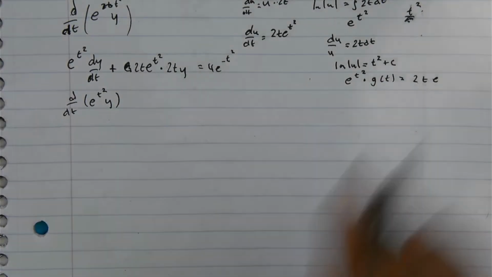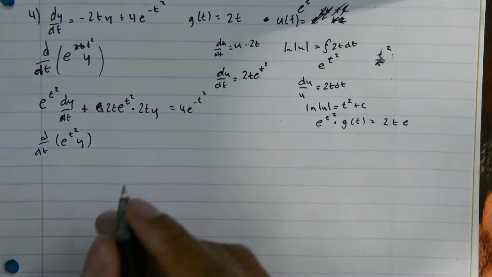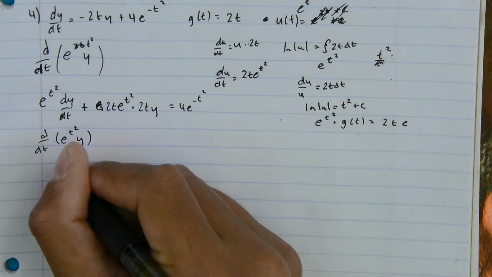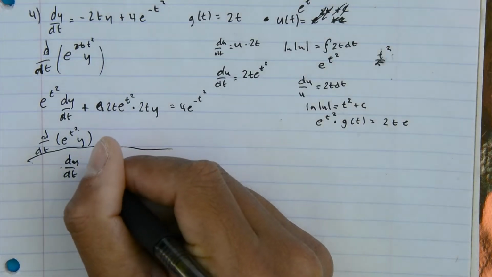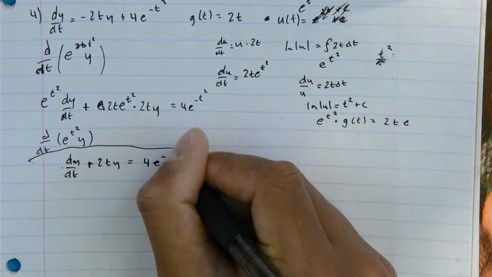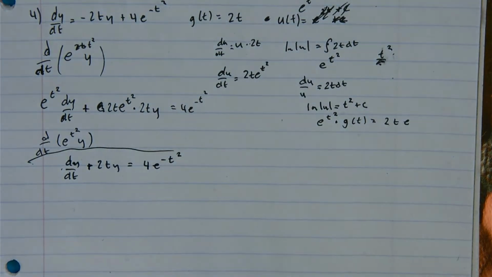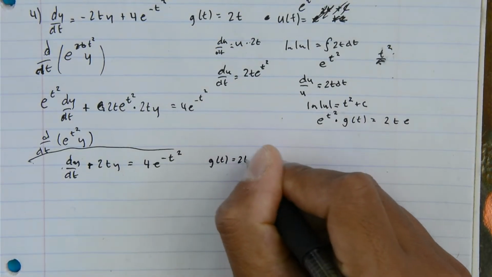Let me start over. Hold on. So we get dy, so let's start over. Plus 2ty is equal to 4e to the minus t squared. So then g of t is equal to 2t.